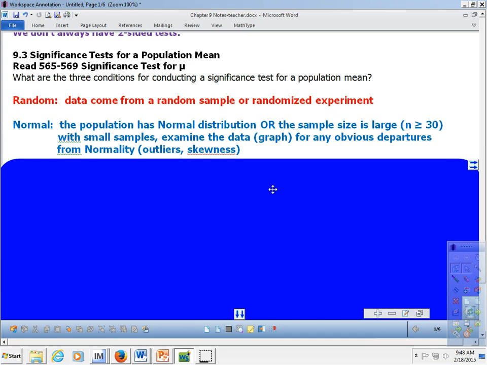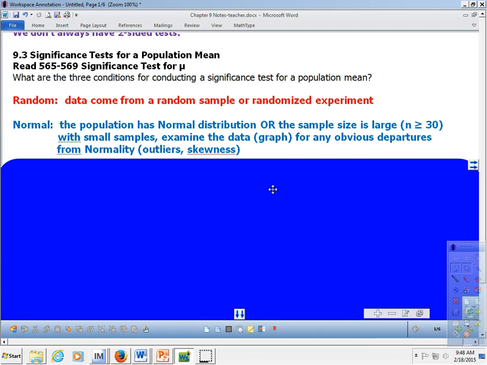I won't go through all the details of the analogy, but it's kind of that thing where kids tend to look like mama, and the mama graph being the population distribution. So we're going to graph the kid, we're going to graph the sample data, because we know the sample data typically looks a lot like the population data. And we're going to look for no heavy skewness and definitely no outliers.